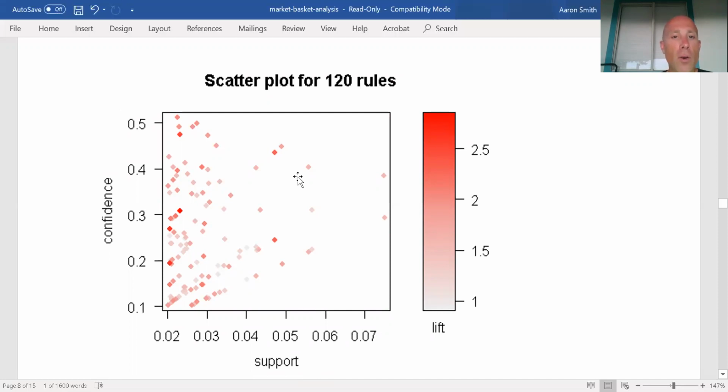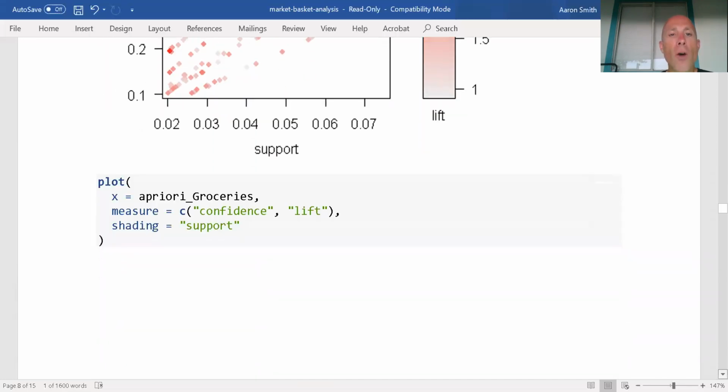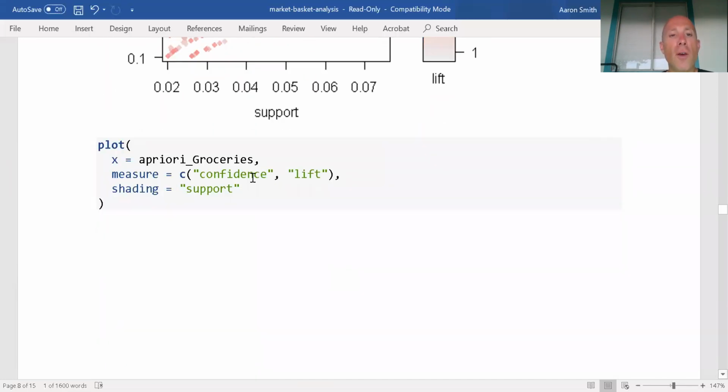So I'm looking here, and that one is catching my eye. I'm interested in that because it's got pretty good values on all three. Now we also have the option of switching what's going on. So here we're putting confidence and lift on the axes, and support is the shading.